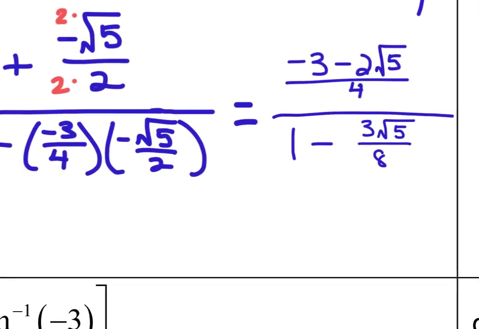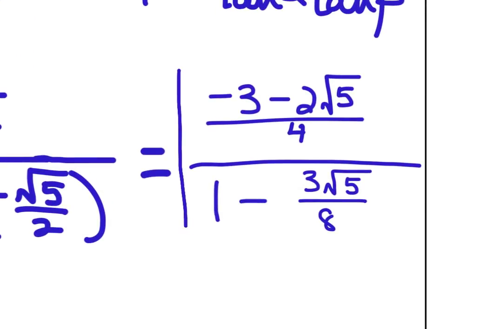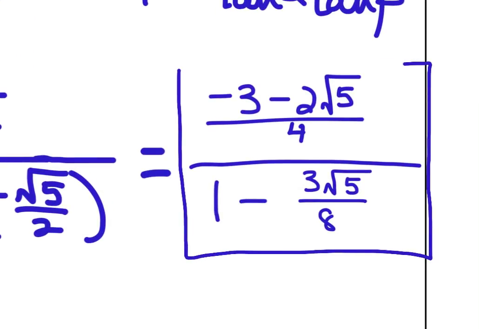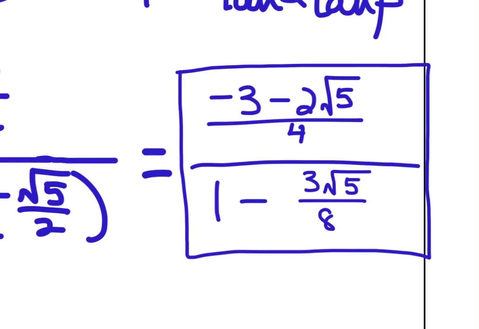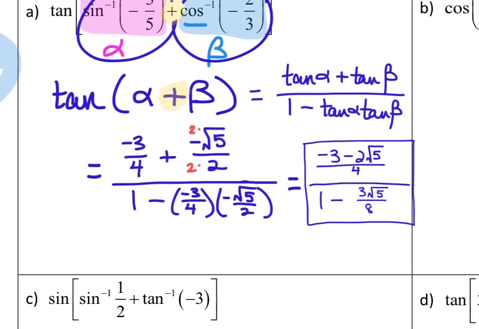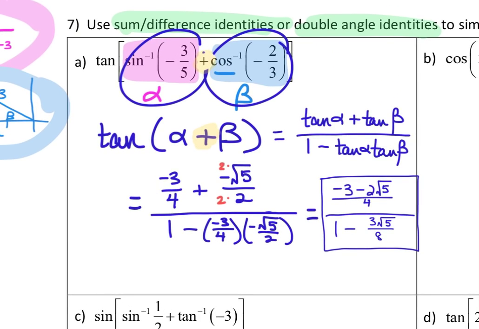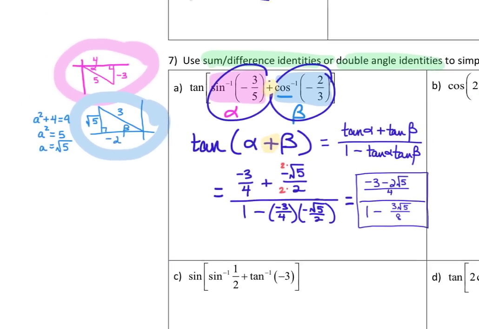I would accept that as a final answer. It would take a whole lot more time and energy to simplify that, and I just really am most concerned that you can substitute the correct values in the correct places.